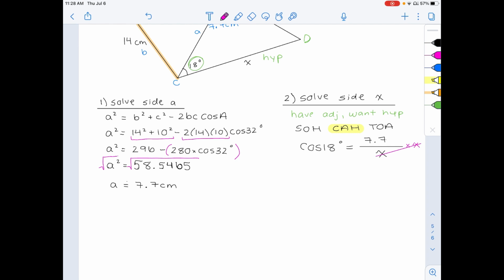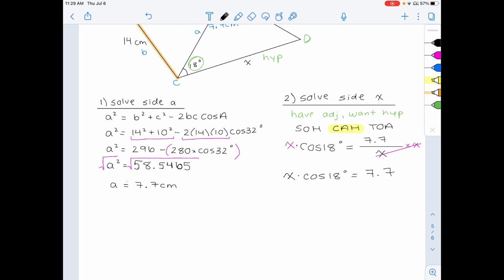I'm just going to show it like that. Then I will have x times cos 18 is equal to 7.7.